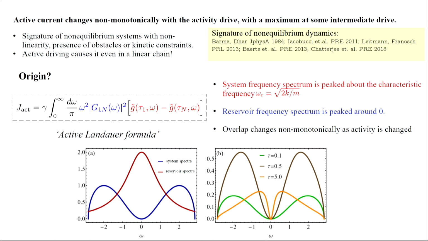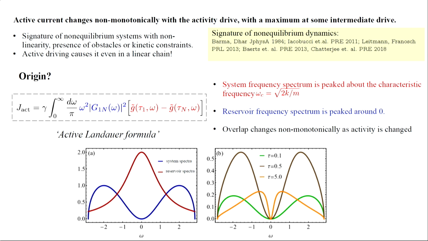So basically, we've tried to look for some physical origin, but we were quite unable to find something. But what we can say is that this is some intermediate step in the calculation where we get some kind of an active Landauer formula, where the transmission coefficient is given by this.